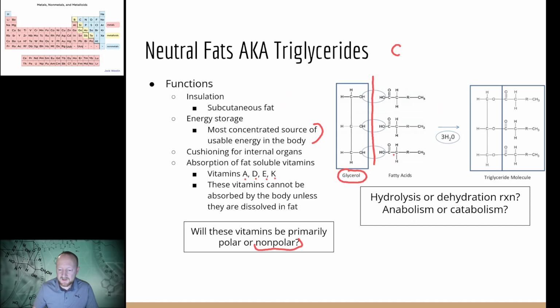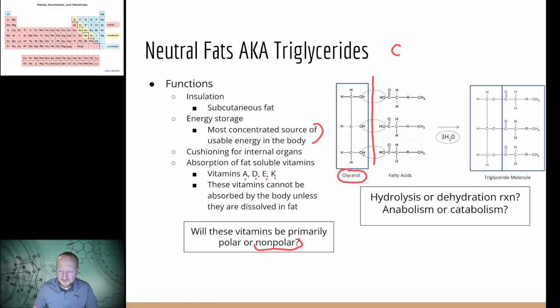When they join together, when we draw this reaction, it's moving this way, and we see this 3H2O. Is this water going out or coming in? Are we adding these water molecules, or are they coming out? Another way of rephrasing that, is this a hydrolysis or dehydration reaction?